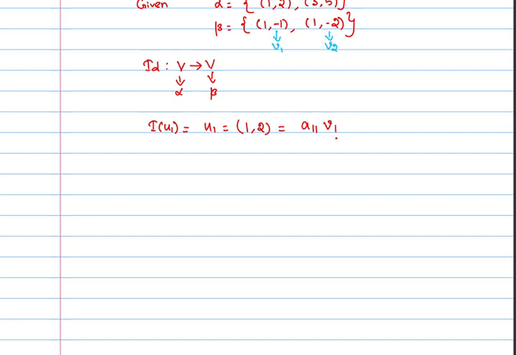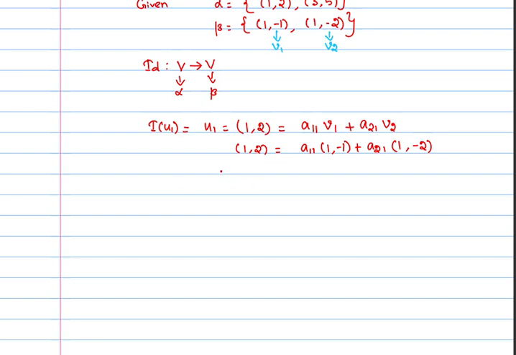So I can represent it in terms of V1 plus A21 times V2. So this implies (1, 2) equals A11 times (1, -1) plus A21 times (1, -2).